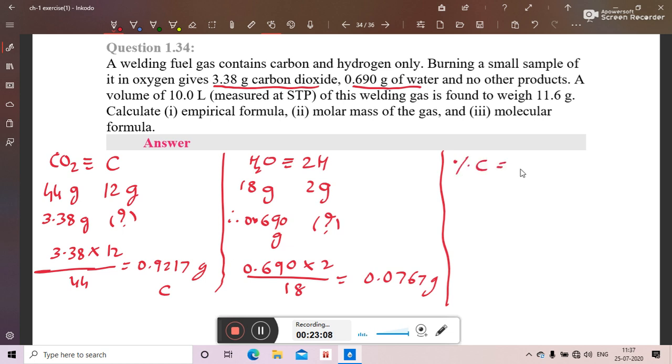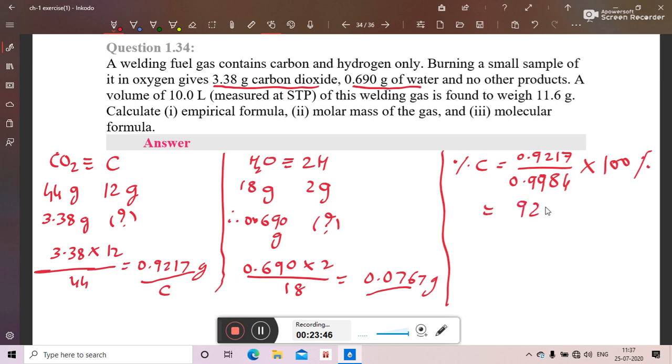Now we have to find out percentage of carbon and percentage of hydrogen. So percentage of carbon is equal to, in the numerator we have to take mass of carbon, so that is 0.9217 divided by total mass of carbon plus hydrogen. So that is 0.9217 plus 0.0767. So total mass is nearly equal to 0.9984, and then we have to multiply with 100% in order to find out percentage.